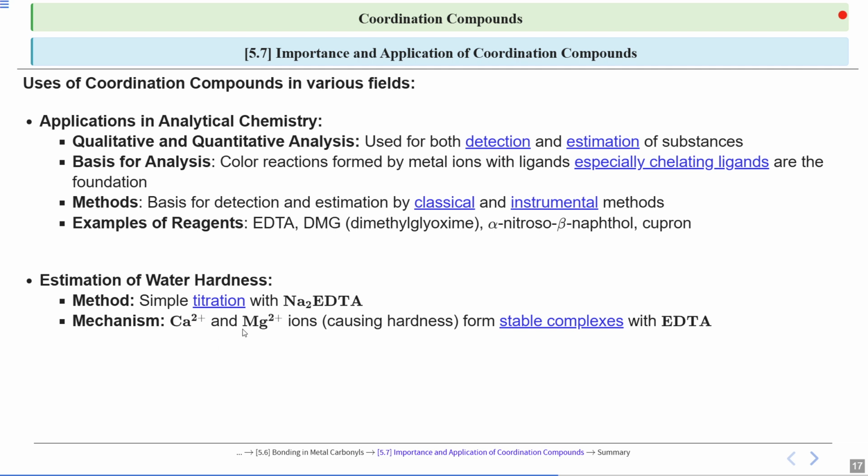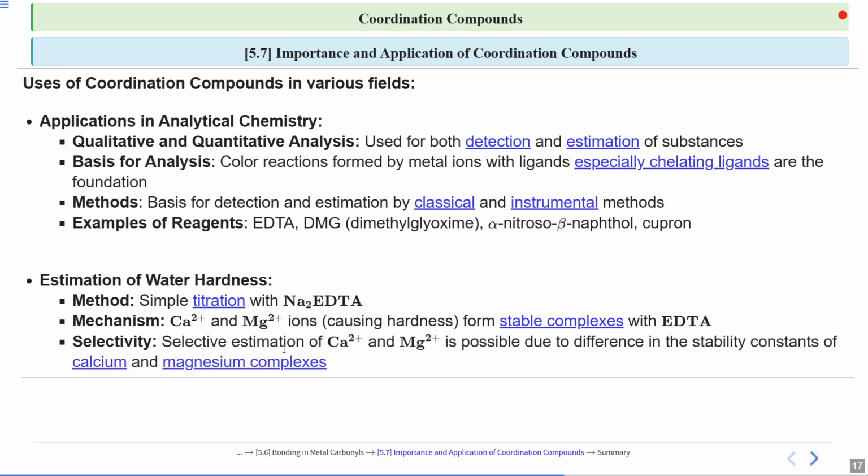These ions form stable complexes with the EDTA, which is why we do the titration with Na2-EDTA. These ions, which are the main cause of hardness, make the stable complex with the EDTA and the water hardness is removed.